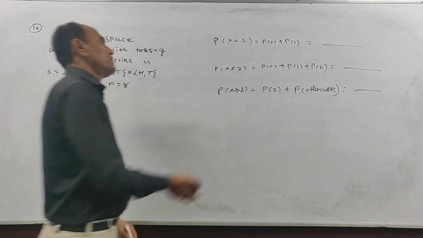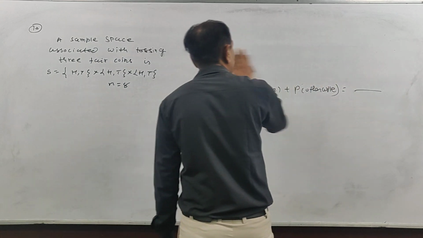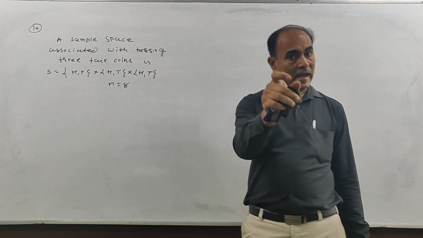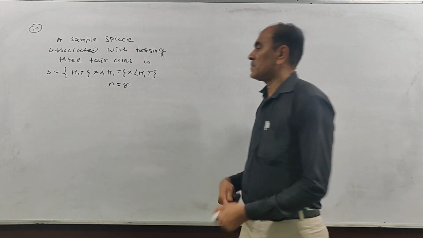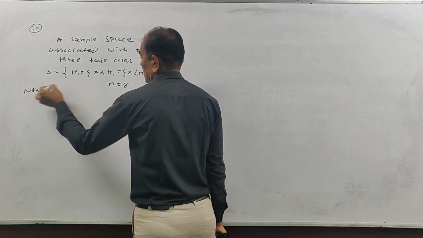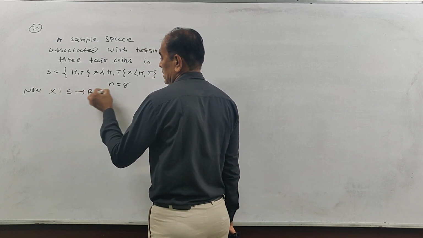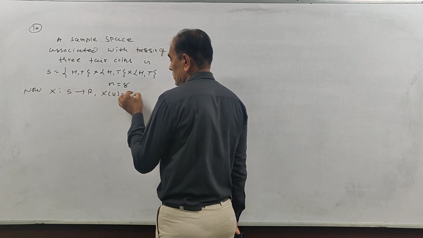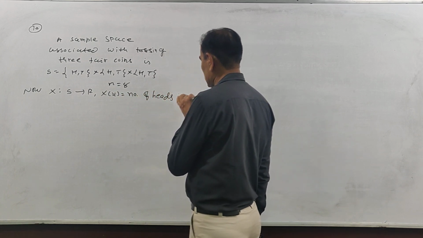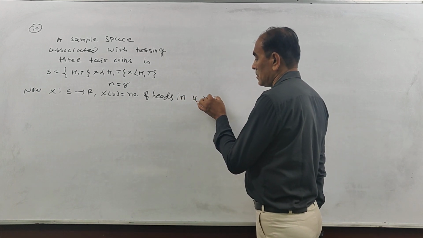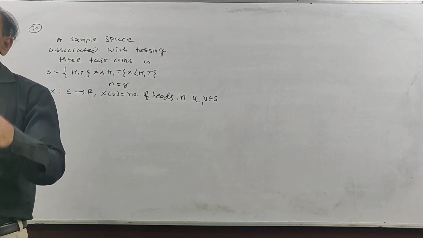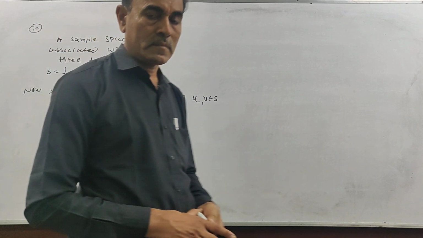Next, our aim is to obtain the mean number, the expected value we want. So the number of heads. So first of all we need to define the random variable X. Now X from S to R, X of u is equal to the number of heads in u, where u belongs to S. See here, 3 balanced coins are tossed together.